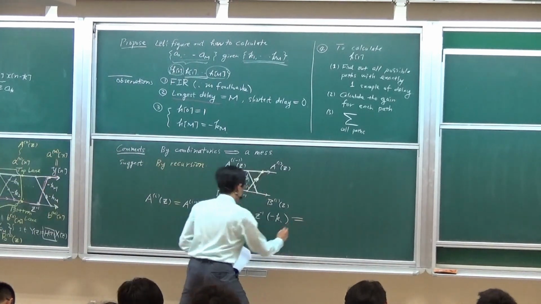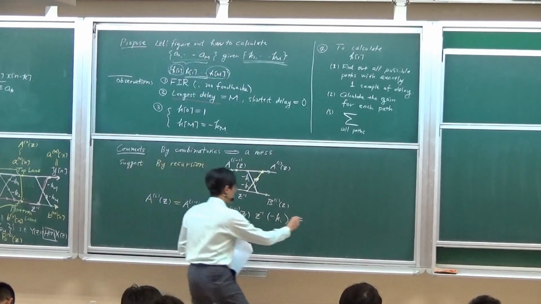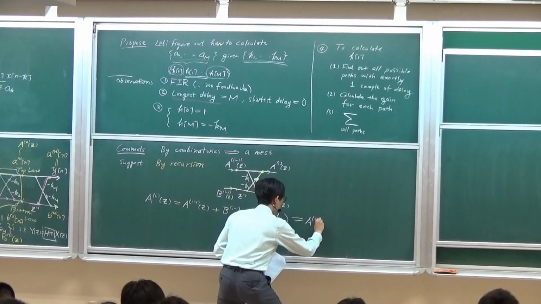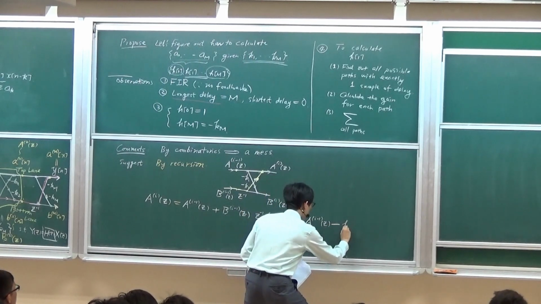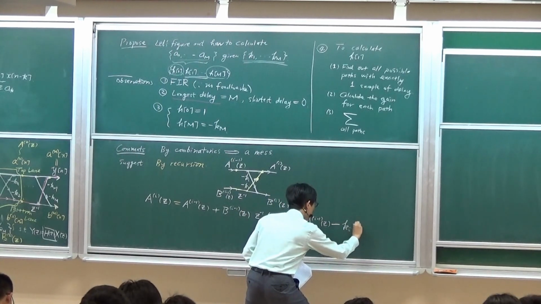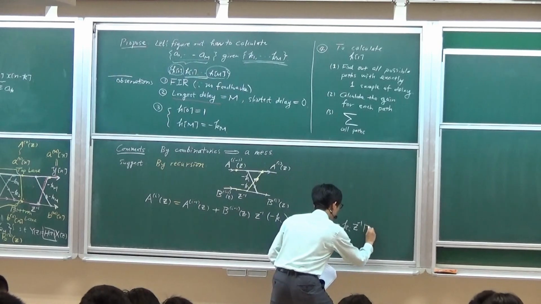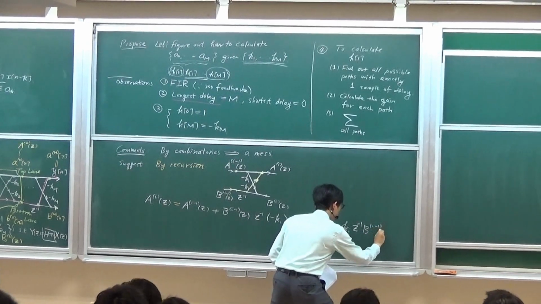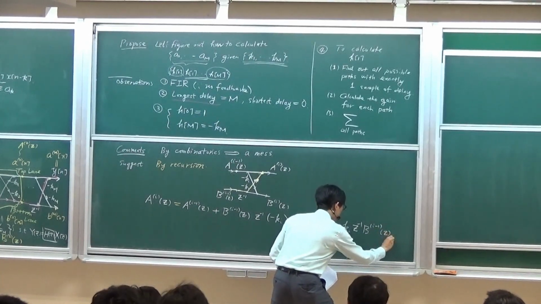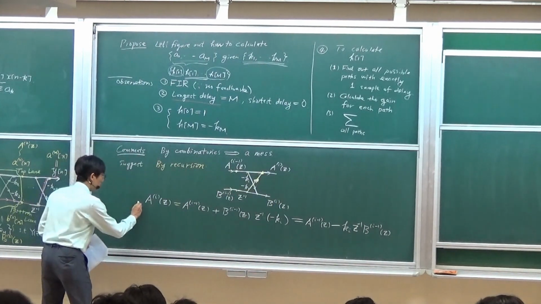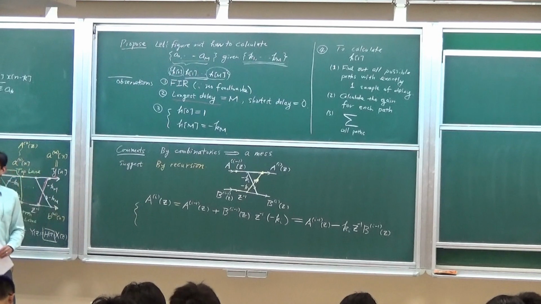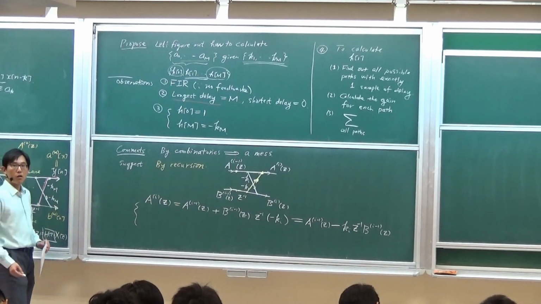Just a bit of bookkeeping. So that is A superscript i minus 1 minus K sub i Z inverse B, that input at the bottom from the left. That okay? Very straightforward. Not hard at all.